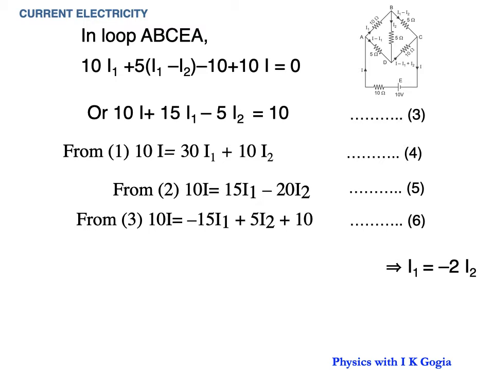Left hand side in all the three equations is the same. So you can write from 4 and 5, we get 30I1 plus 10I2 equal to 15I1 minus 20I2, which implies I1 equal to minus 2I2. From 5 and 6 likewise the left hand sides are same, so you can equate the right hand sides to get this condition.